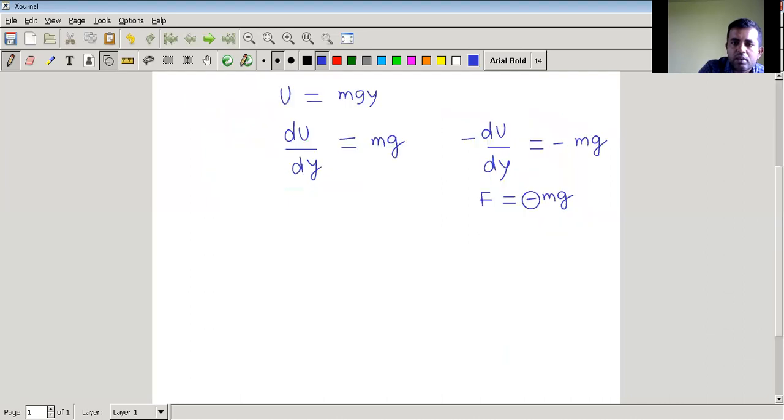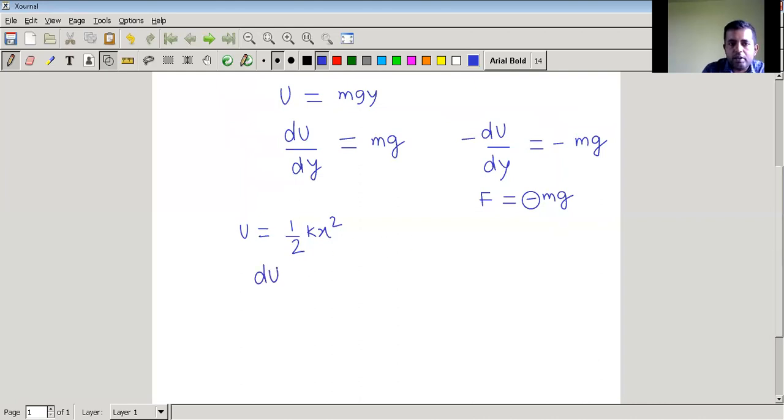Now let us take one more example. Suppose we have a spring force. We all know that spring potential energy is half kx squared if it is stretched by x distance, right?